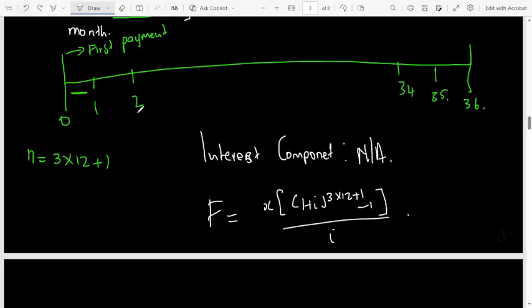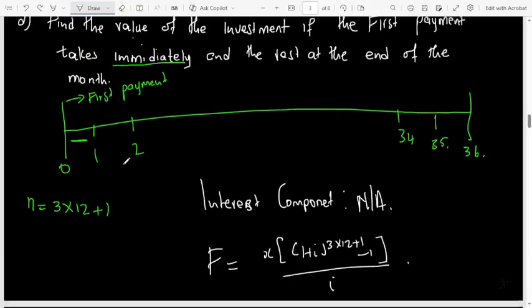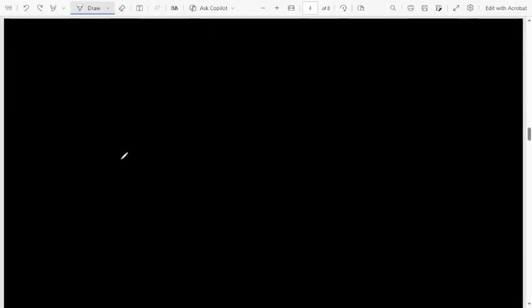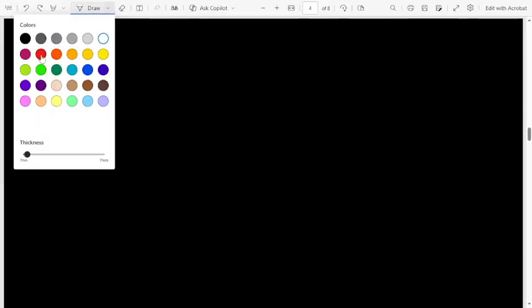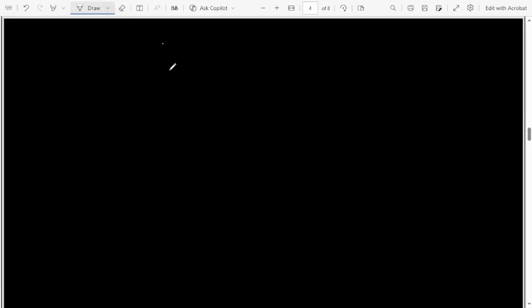Right, let's go to another one. I hope you guys understand this one and you can see how this works. You see, if you understand the theory behind finance, then you're gonna master all these questions.